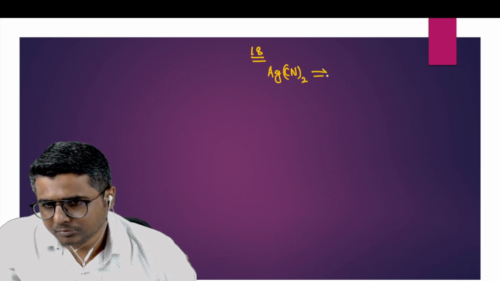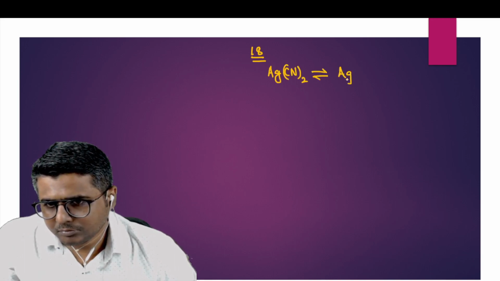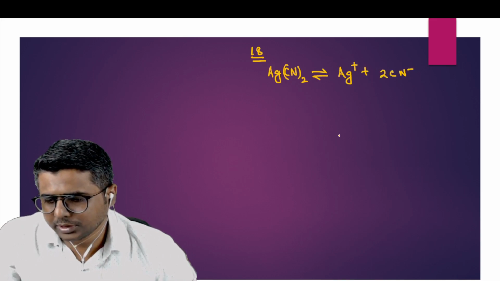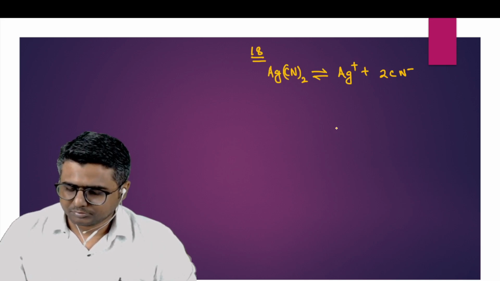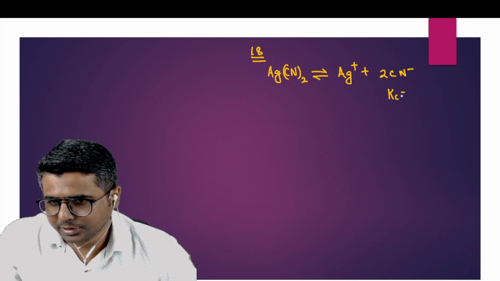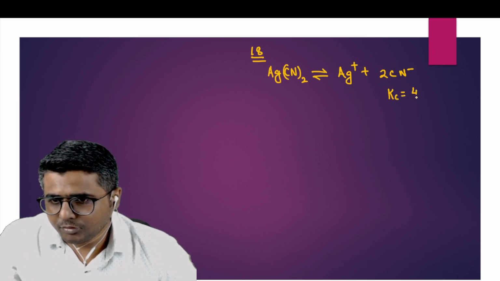Now going to question number 18. AgCN2 minus gives Ag plus and 2CN minus. Equilibrium constant of this reaction is given as 4 into 10 to the power minus 19.